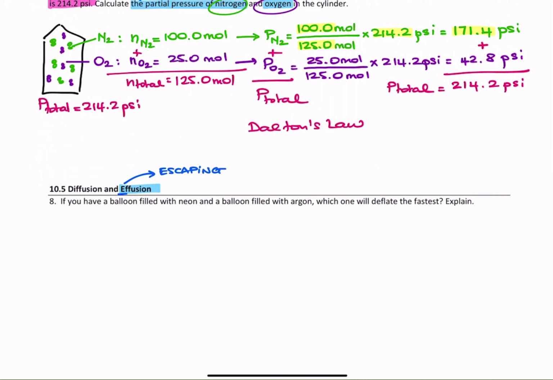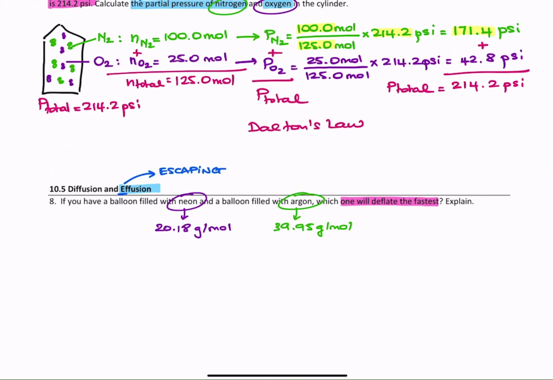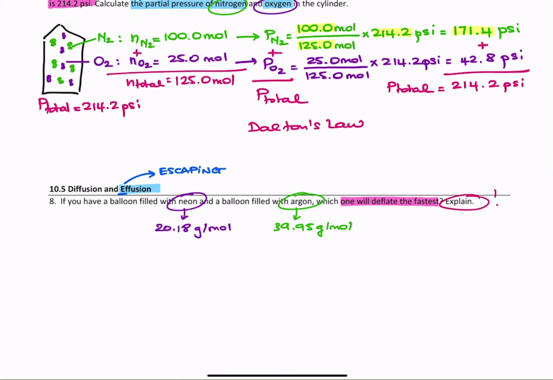You have a balloon that is filled with neon, molar mass of neon, check your periodic table, 20.18 gram per mole, and another balloon is filled with argon, molar mass of argon per your periodic table, 39.95 gram per mole. The question is, which of these balloons will deflate the fastest? And don't forget that you are asked to explain.